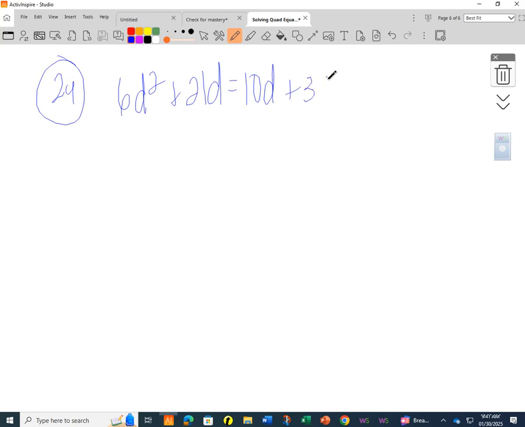Okay. So our next 24 is 6d squared plus 21d equals 10d plus 35. So if we follow our steps here, how is this one different than the ones we've been doing? Xavier, how's this one different? Do you notice? What do you think, Fatima?